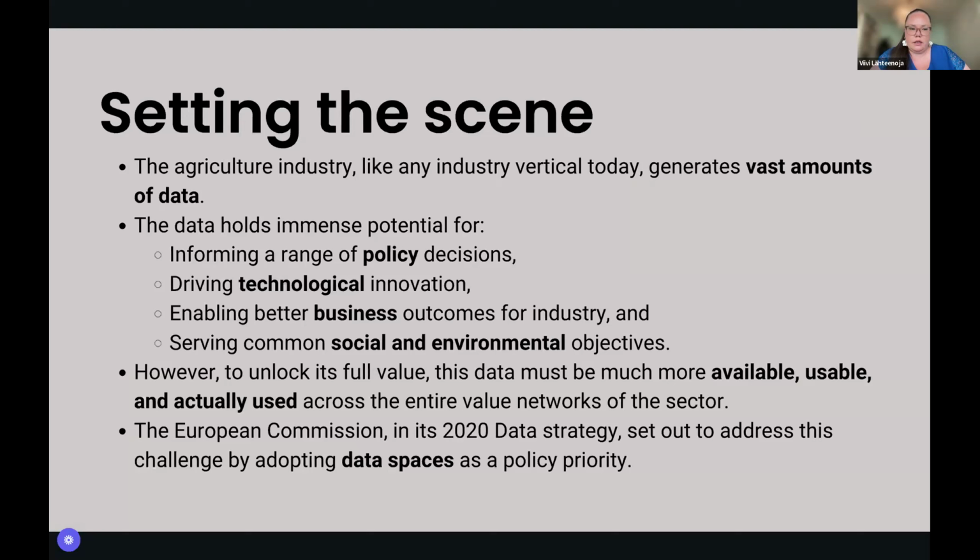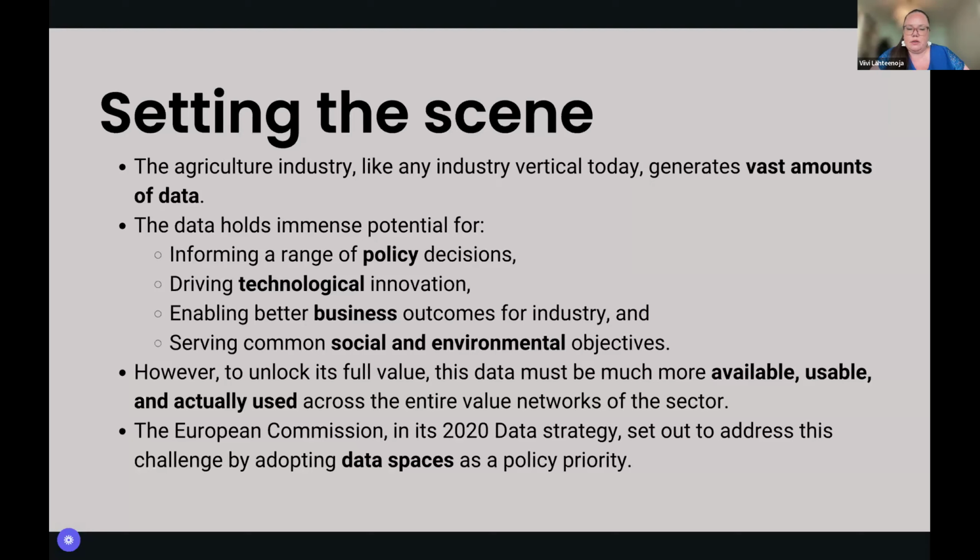So in order to address the underuse and underavailability of agricultural data and data in the various industry sectors that Ed also mentioned, the 2022 data strategy set out to start piloting, building, deploying data spaces.